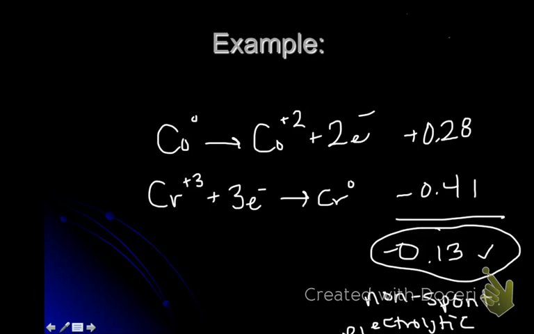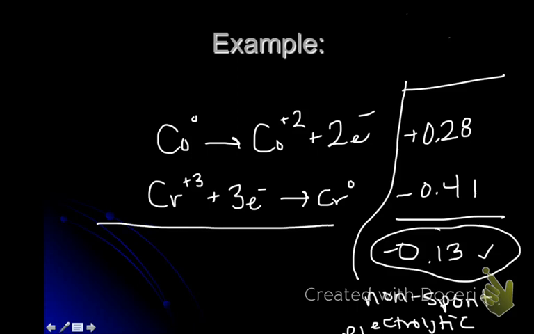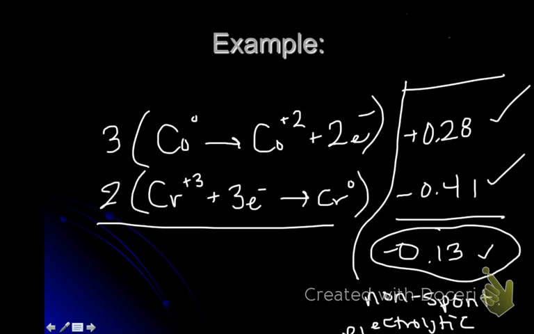Now as far as the overall, remember, this has no bearing on the cell potential, but if I wanted to write the overall redox reaction for this, I would have to make sure my electrons balance. So again, that has no bearing on these cell potentials. It doesn't matter, but if I was going to write this correctly, I want to make sure my electrons balance, which means I would need to multiply that one by 3 and that one by 2.